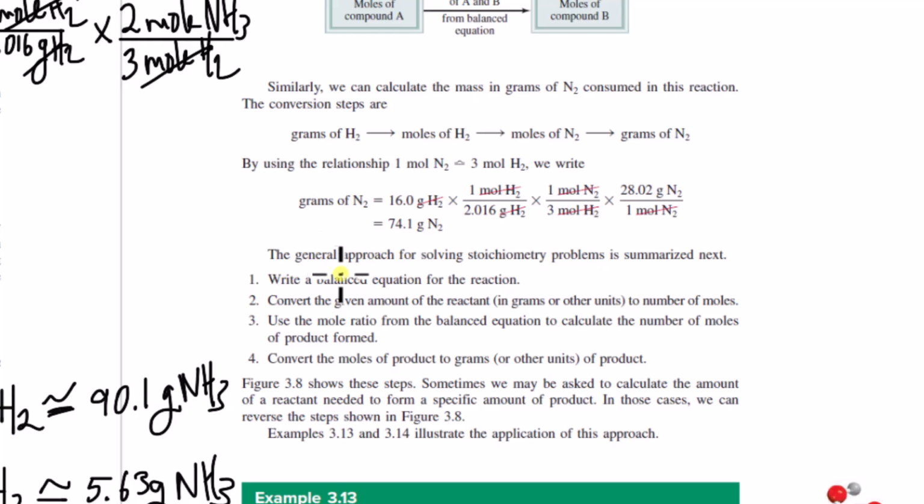Okay, so it says the general approach for solving stoichiometry problems is summarized as: write a balanced equation for the reaction, convert the given amount of the reactant in grams or other units to moles, use the mole ratio from the balanced equation to calculate the number of moles of product formed, then convert the moles of product to grams or other units of product.